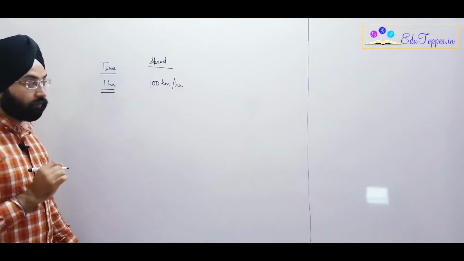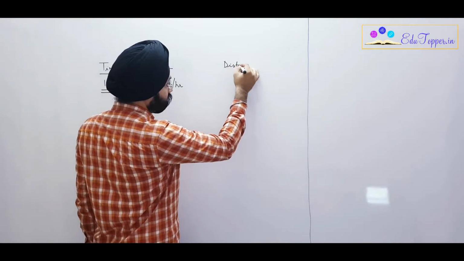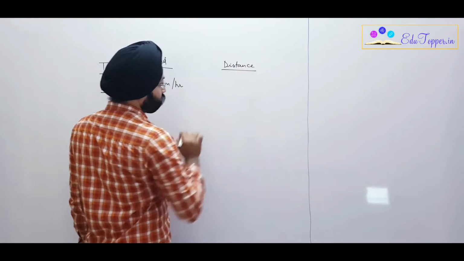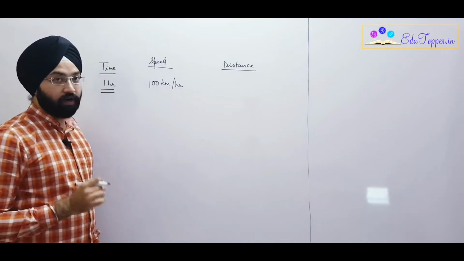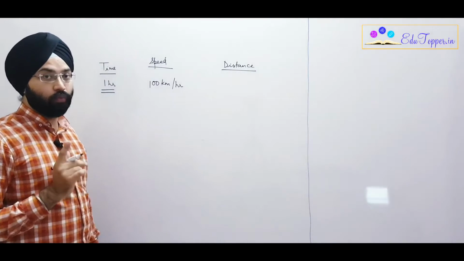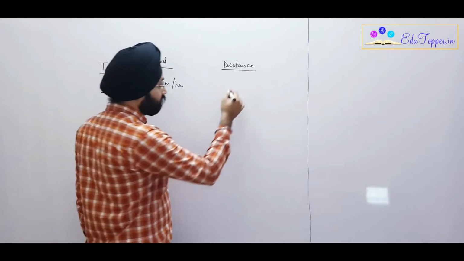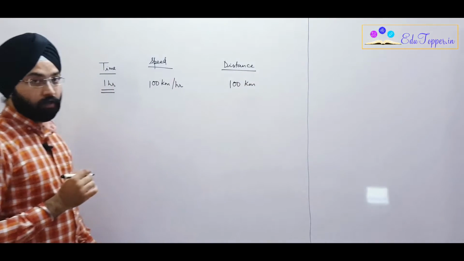You have just 1 hour. Distance. If you are traveling at the speed of 100 kilometers per hour, how much distance will you cover in 1 hour? So that's obvious. You will cover 100 kilometers.